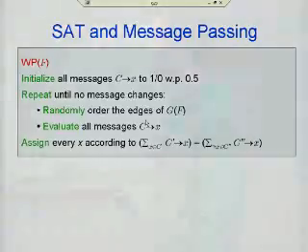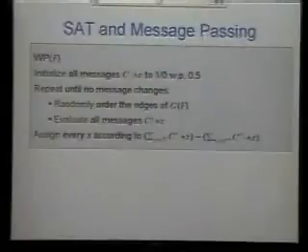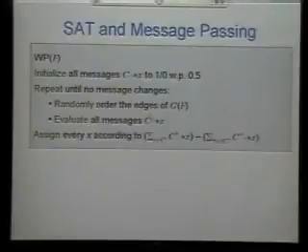So the warning propagation is the following algorithm. You initialize all the messages to 0 or 1 with probability half. This is one way to run it. And you repeat until there are no changes. You randomly order the edges of the factor graph, and you evaluate all messages.